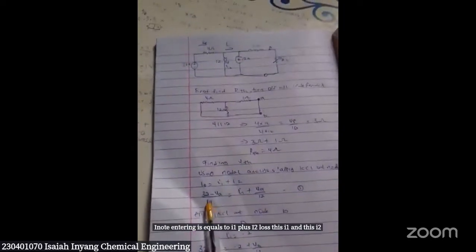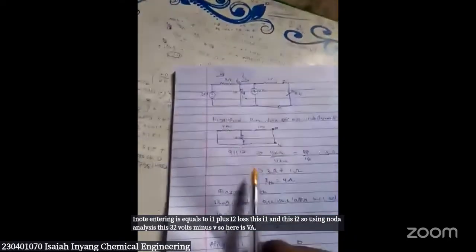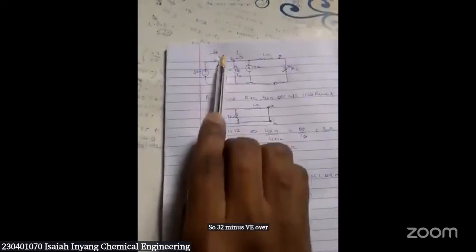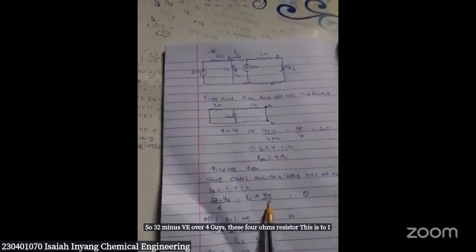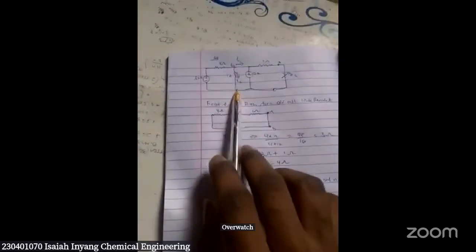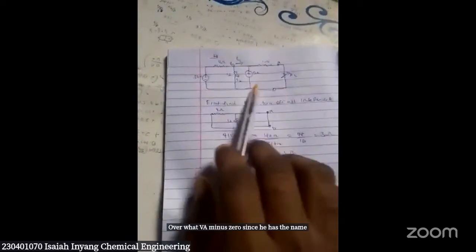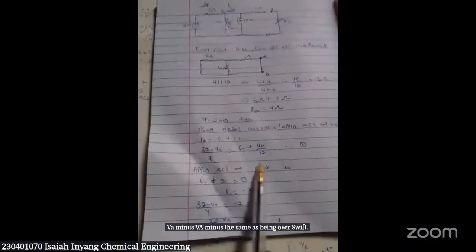So using nodal analysis, this 32 volts minus VA. Here is VA. So (32 minus VA) over 4, that's this 4 ohms resistor, is equal to I1 plus I2, that's (VA minus 0) over 12, since here is the reference node. VA minus 0 is the same thing as VA over 12. So that's equation 1.